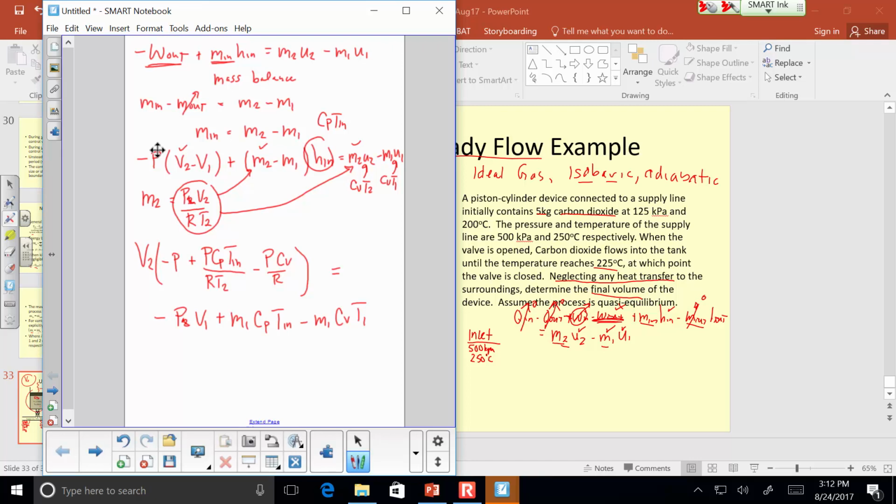Okay, so you see how important it is to keep track of your subscripts because we have a couple of different temperatures in here. We have T2, T1, T in, we have M1, and the pressure is all the same. Okay, so we solve for V2, we plug in all the numbers here, then we get V2 is equal to 7.52 meters cubed.